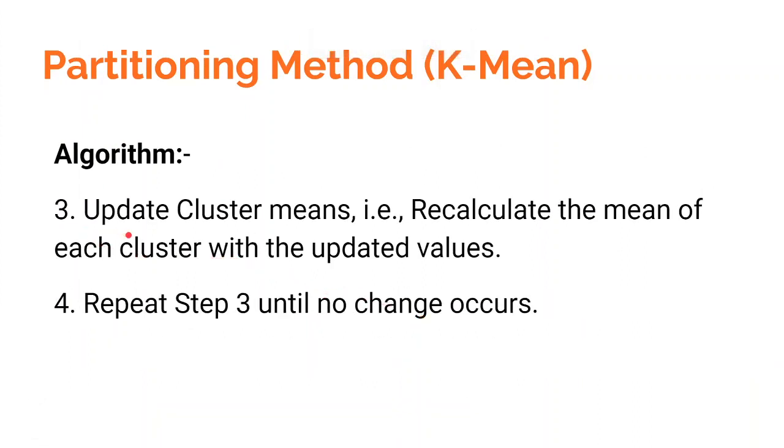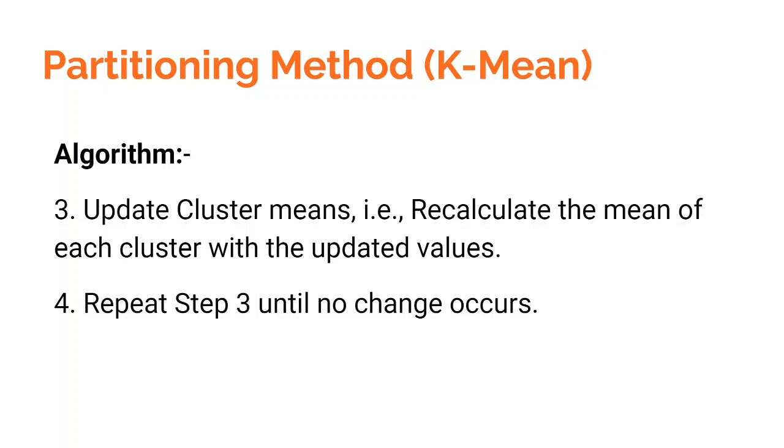Then at third step, I need to update the cluster means. That is, I need to recalculate the mean of each cluster with the updated values. Later on, I will again calculate another mean value from the generated clusters.